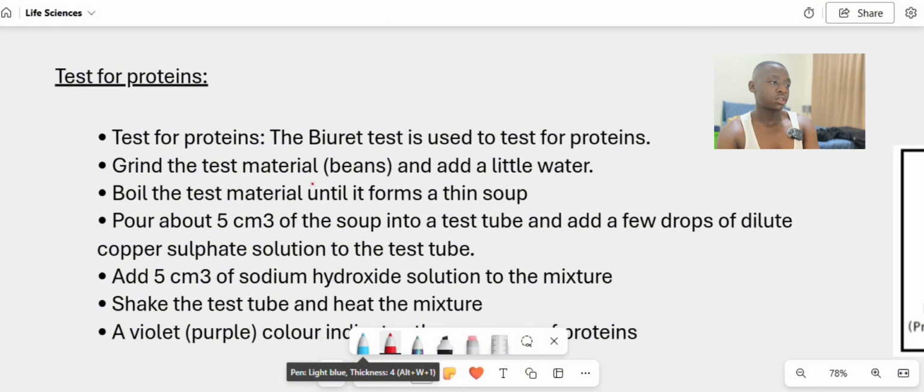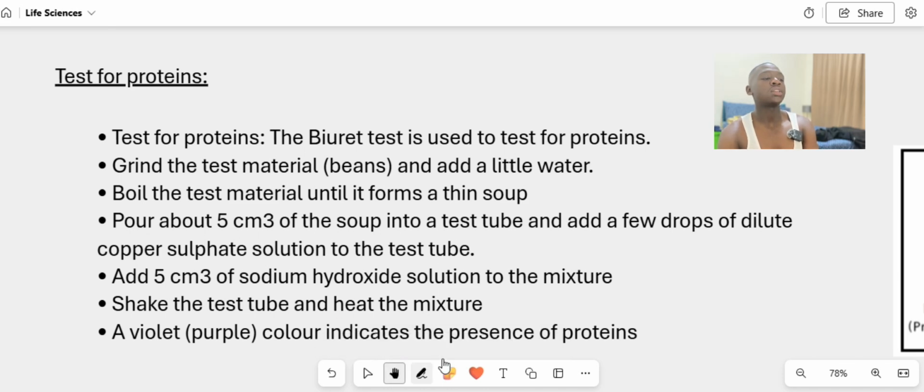Grind the test material, for example beans, and add a little water. I'll show you the diagram on the side soon. Boil the test material until it forms a thin soup. Pour about 5 centimeters of the soup into the test tube and add a few drops of dilute copper sulfate solution to the test tube, then sodium hydroxide solution to the mixture. Shake.